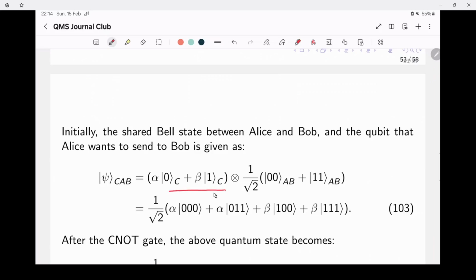The qubit C is what Alice tries to send to Bob, and the whole quantum state is written by this. Alice and Bob share an entangled state, but your qubit C is not entangled to qubit A or B. So then you can expand this whole quantum state into 8 terms.